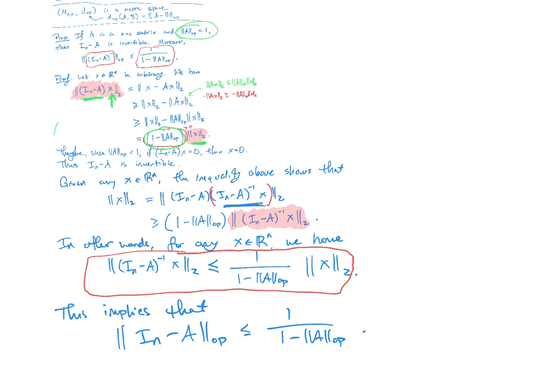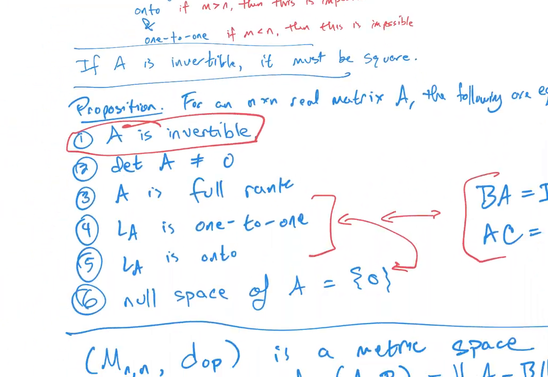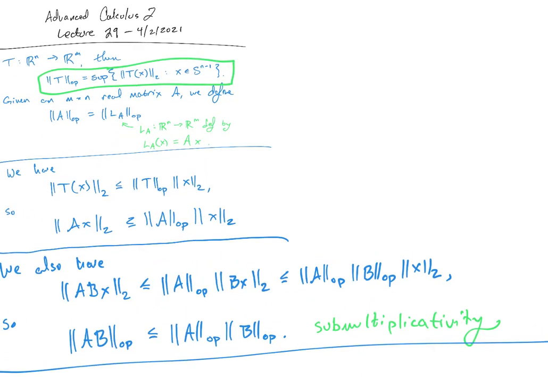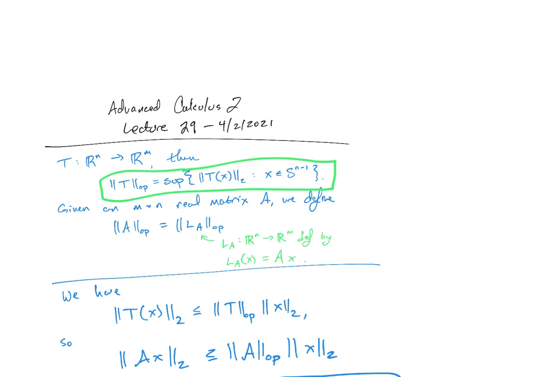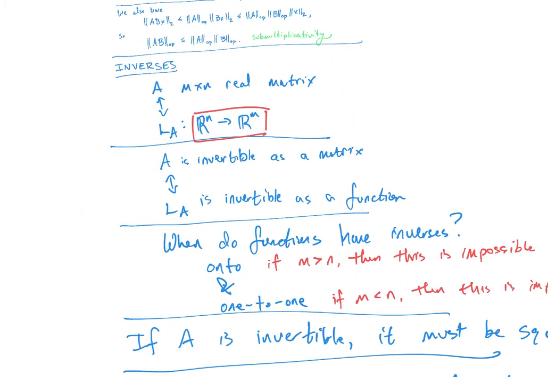Now the last line follows from, well, either definition of the operator norm, but I think the sup version that we stated at the beginning of class makes it easiest to see. So where were we? All the way back here. If we look at the sup of the 2 norms of the things in the unit sphere.